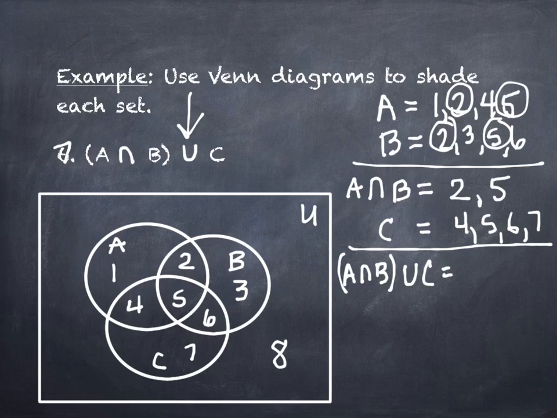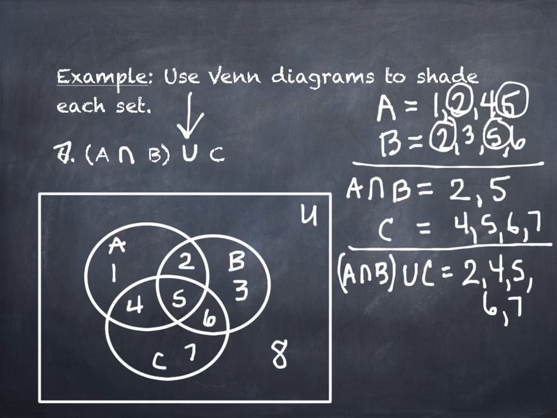What does union mean? Intersection is what they have in common. Union is combining it all together, right? It's a combination kind of idea. So I list everything. So what will I list here? 2, 4, 5, 6, and 7.